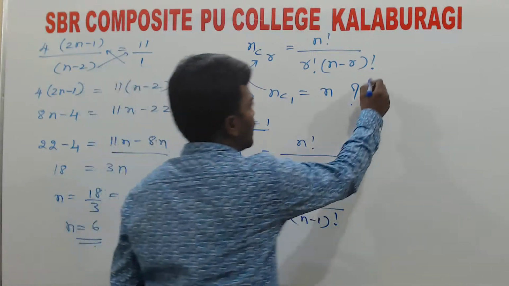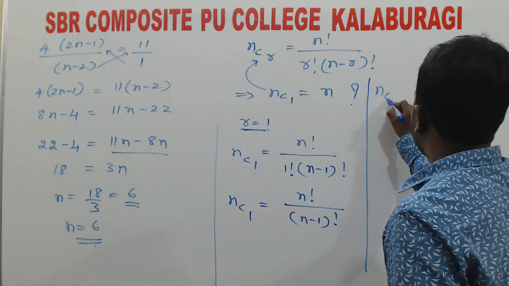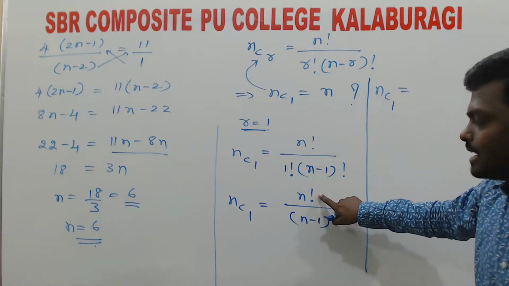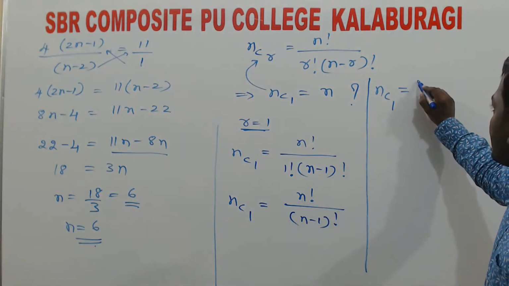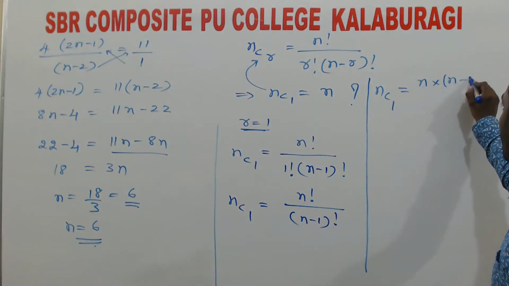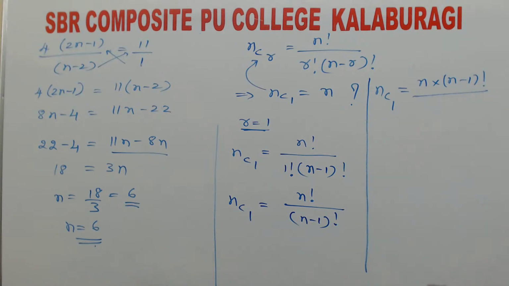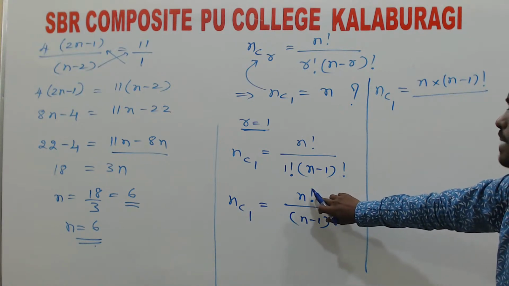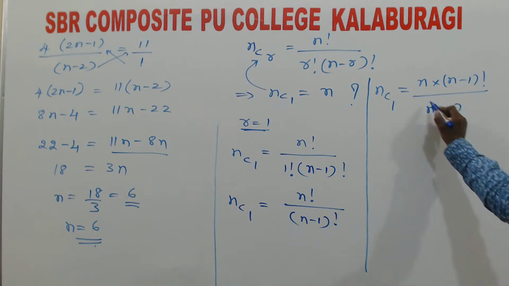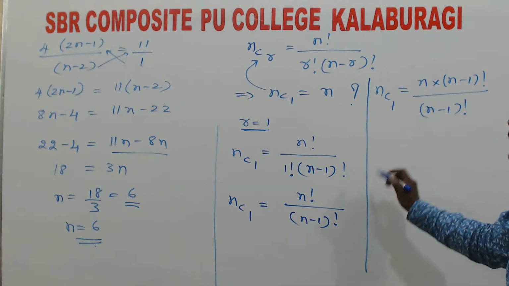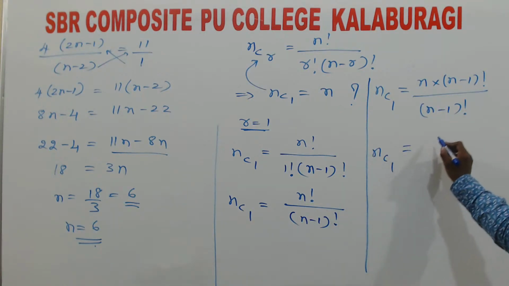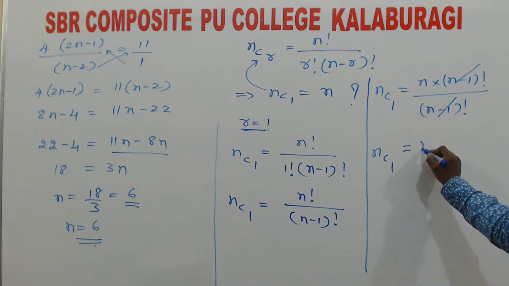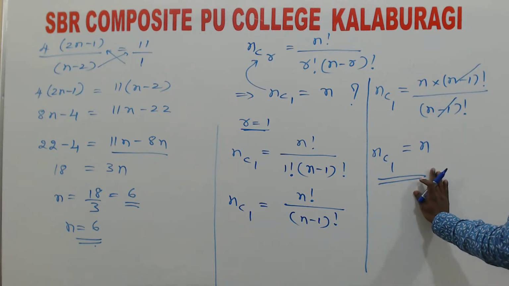Okay, so now use the definition of factorial notation here. Can I write or tweak this n factorial as n into n minus 1 factorial? Applying the factorial notation definition, divided by n minus 1 factorial, nC1 is equal to, so this gets cancelled. So hence nC1 is equal to n.